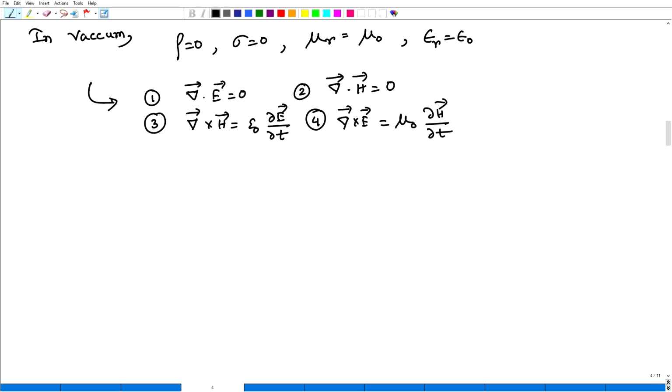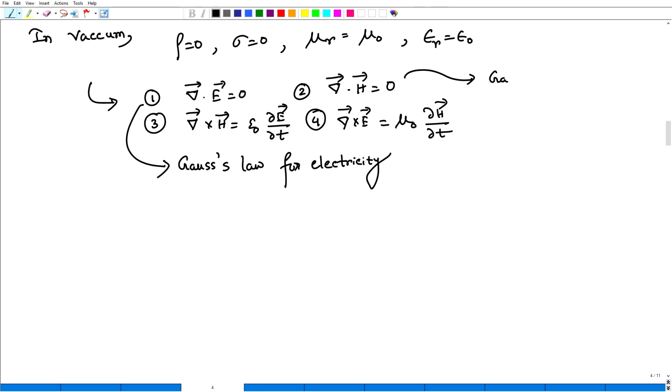The first equation is called Gauss's law for electricity. The second one is Gauss's law for magnetism.